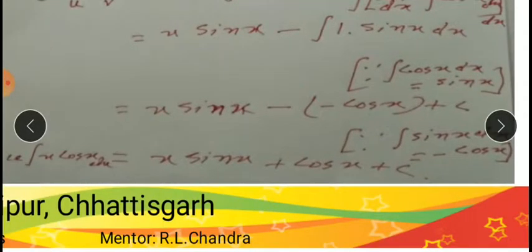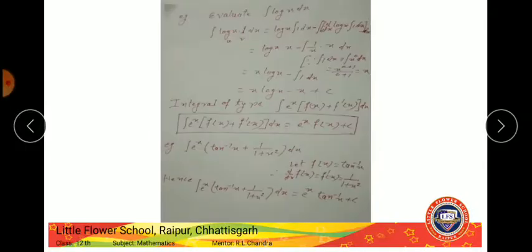Here integration of sin x is minus cos x. Then finally we get integration of x cos x is equal to x sin x plus cos x plus c. c is the constant of integration.